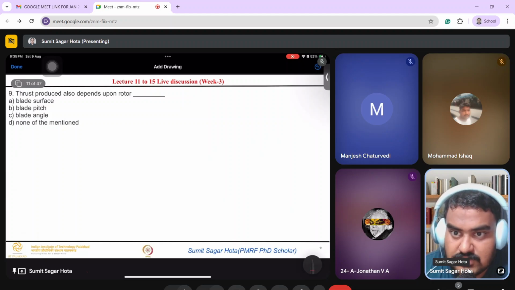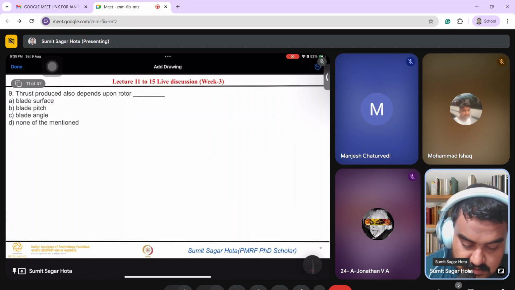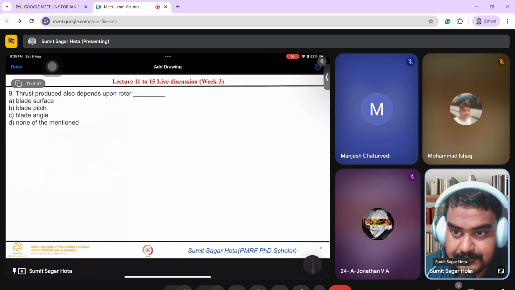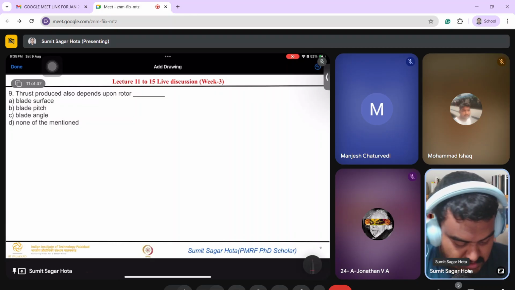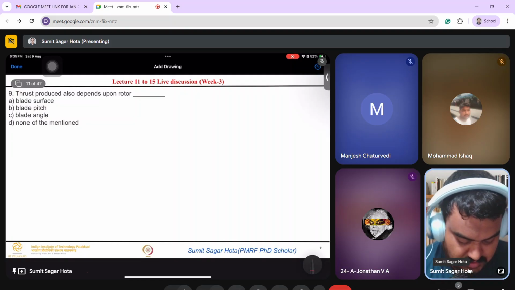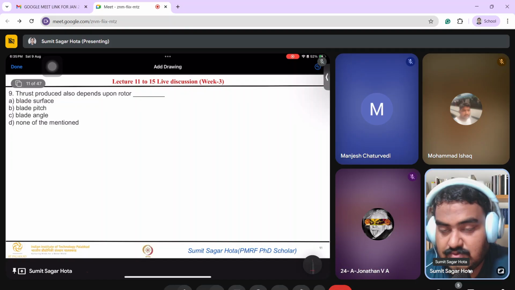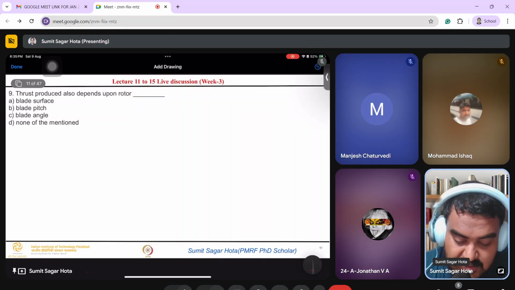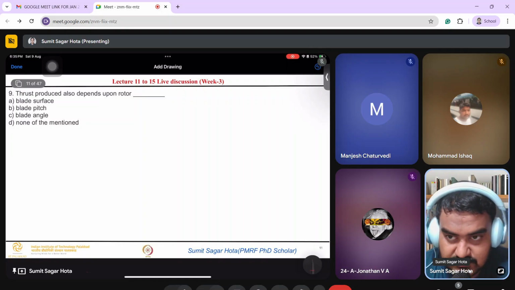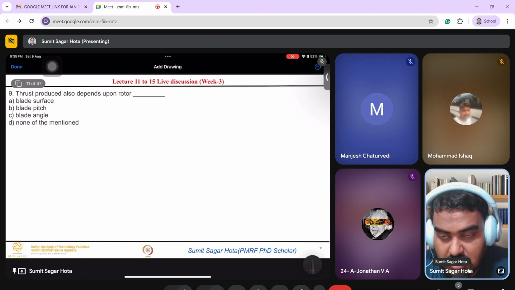Thrust produced also depends upon rotor dash. Although the blade surface has some impact on thrust, because if the blade surface is not smooth, there will be a reduction of thrust produced, since there will be more drag.